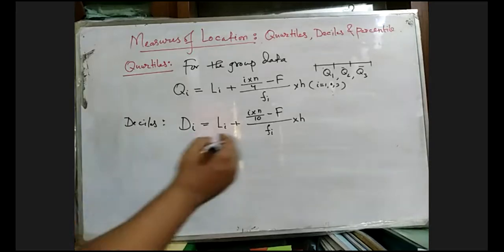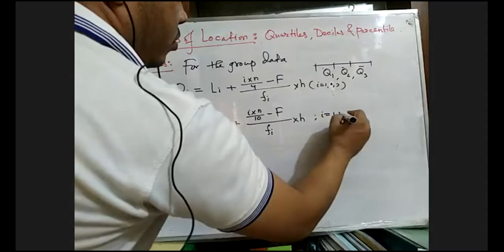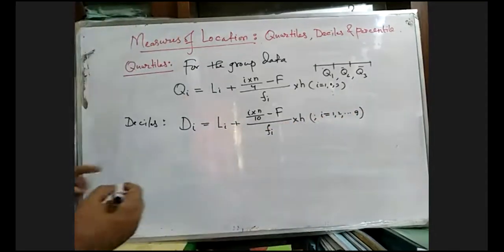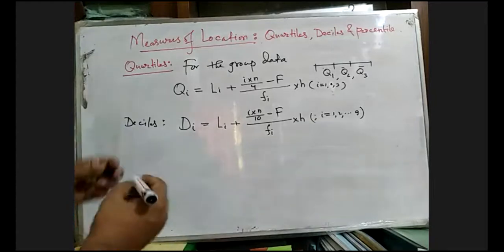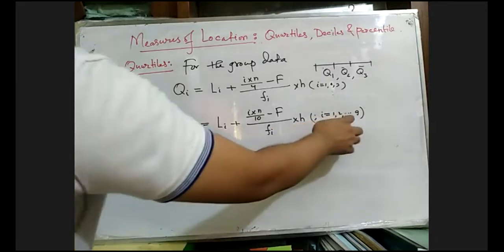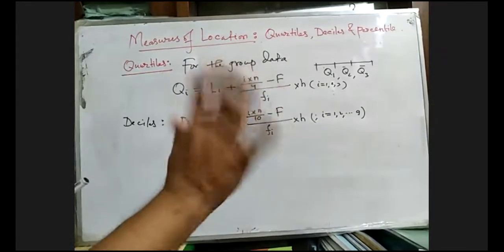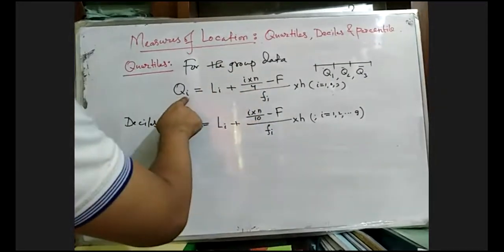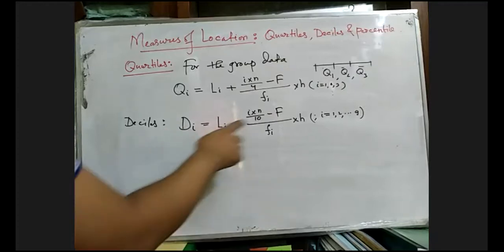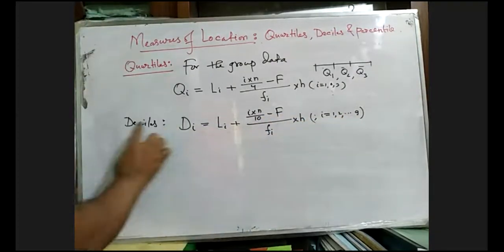Here i equals 1, 2 up to 9. That means there are 9 types of decile: D1, D2, D3, D4 up to D9. D10 doesn't exist. Q4 doesn't exist. Remember it.